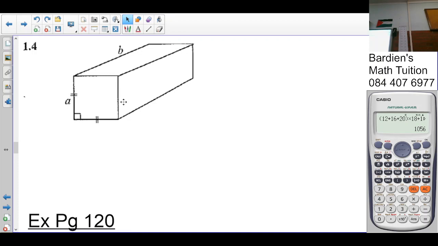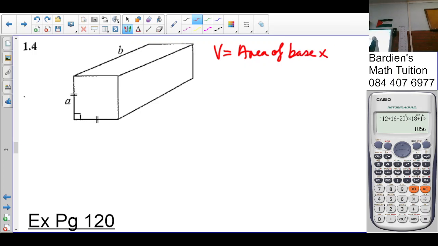How do you calculate the volume of this piece? Volume is equal to area of base times height.